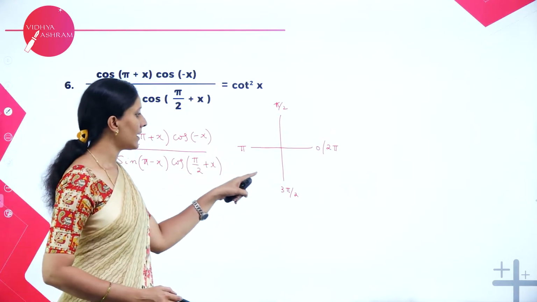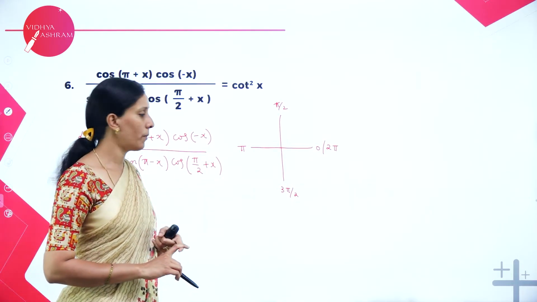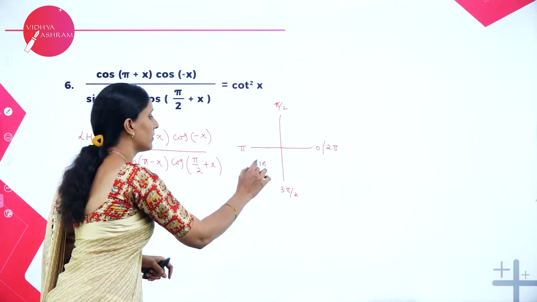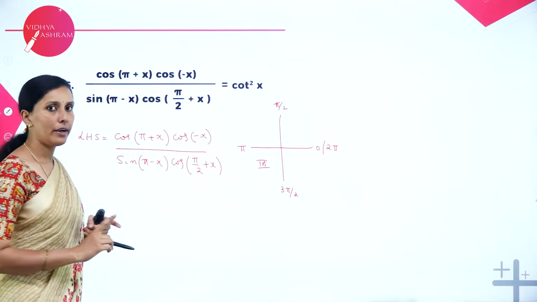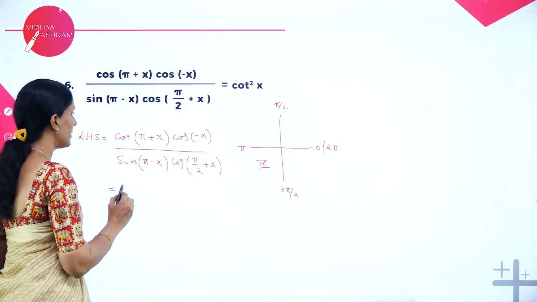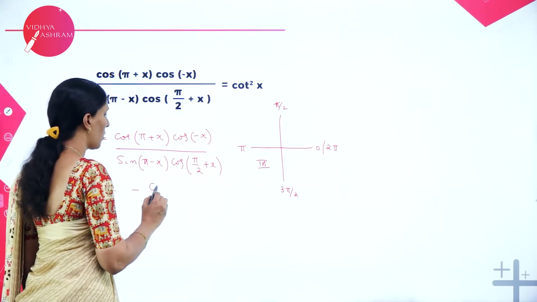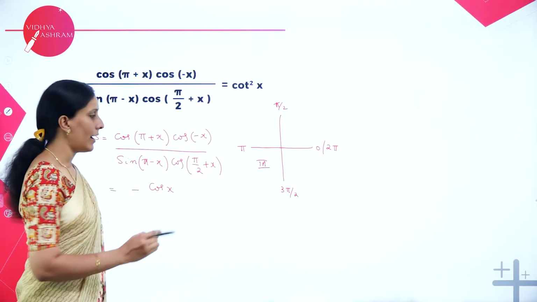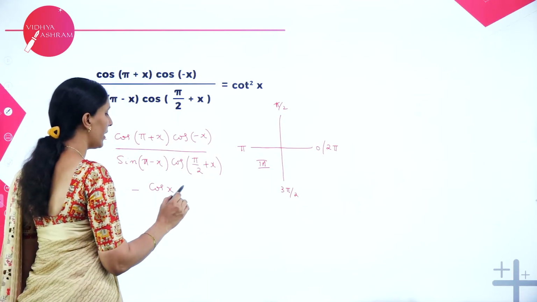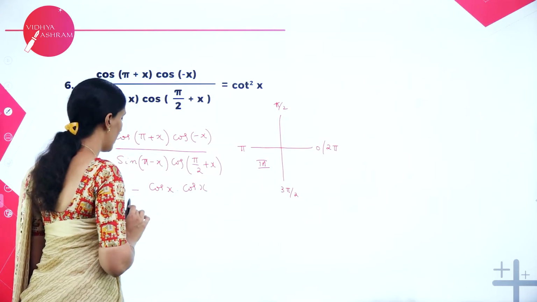Pi plus x means it comes in the third quadrant. And in the third quadrant, cos function is negative. So therefore, I can write this as minus cos x. And cos of negative angle is cos only. That's why it is cos x.